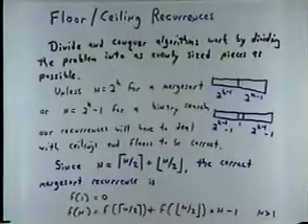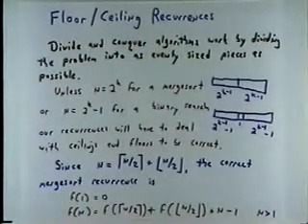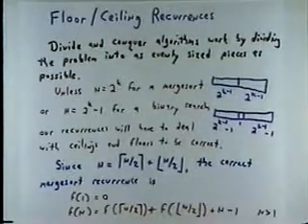What I'd like to now do is look a little bit more at some other situations where ceiling and floors will come up. One place where they will come up often is in recurrence relations.